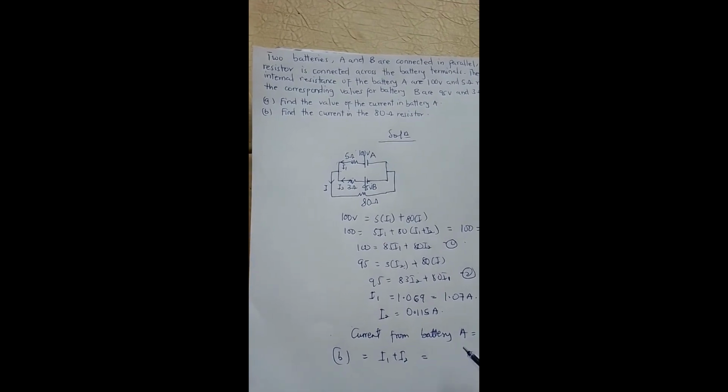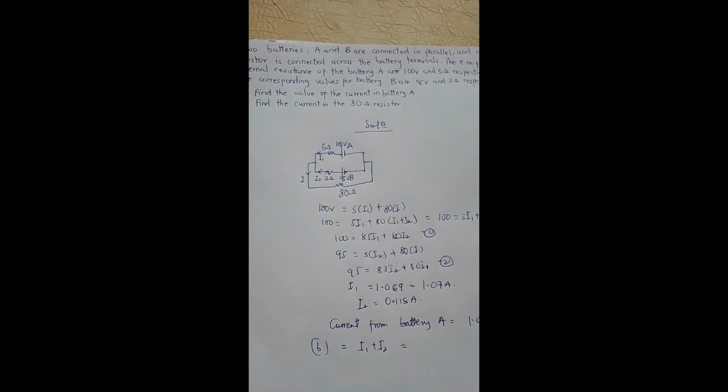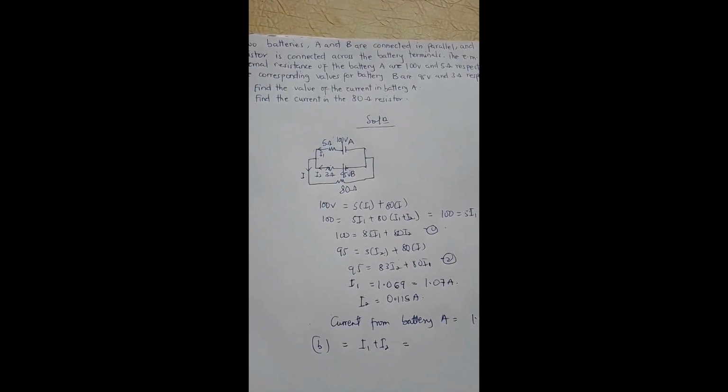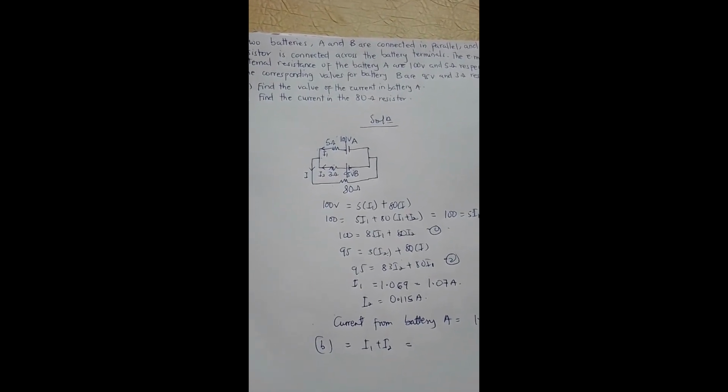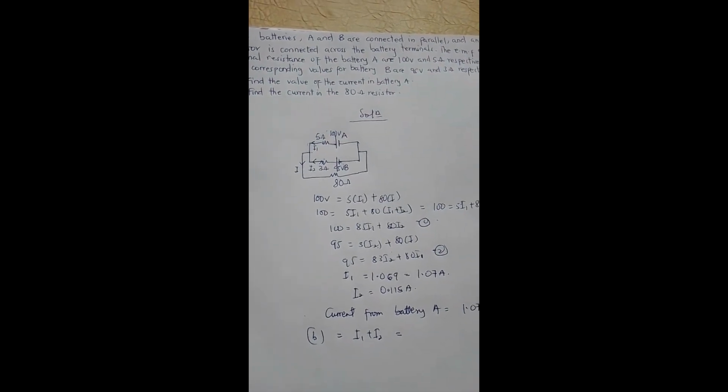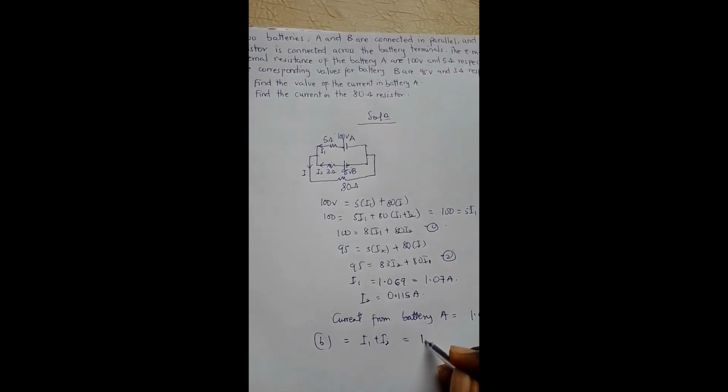You add the two currents you have, and the sum will give us the current through the 80 ohms. So you're going to have 1.07 plus 0.115, and that will give us 1.185 amps, as simple as that.